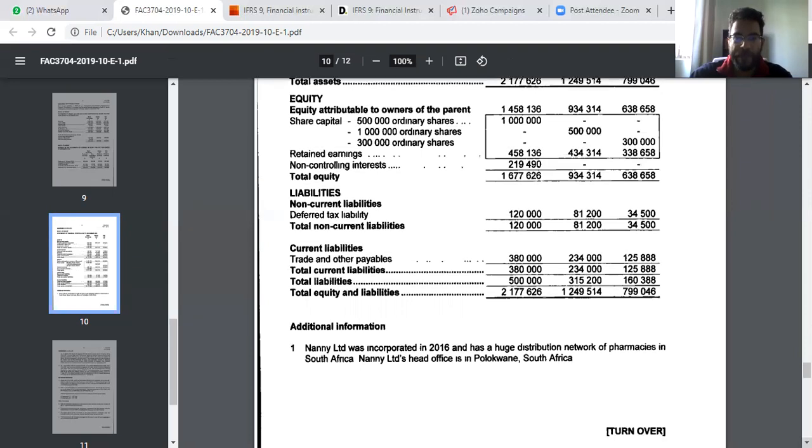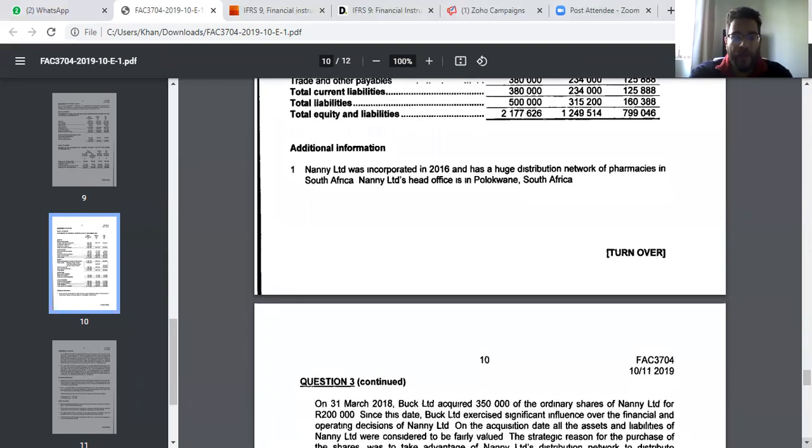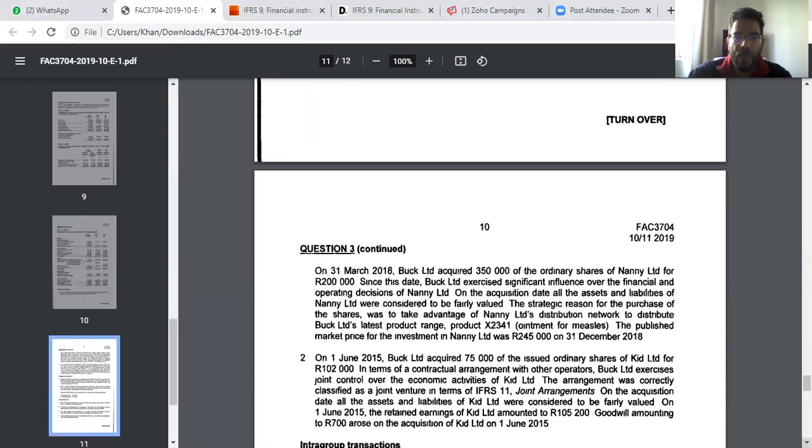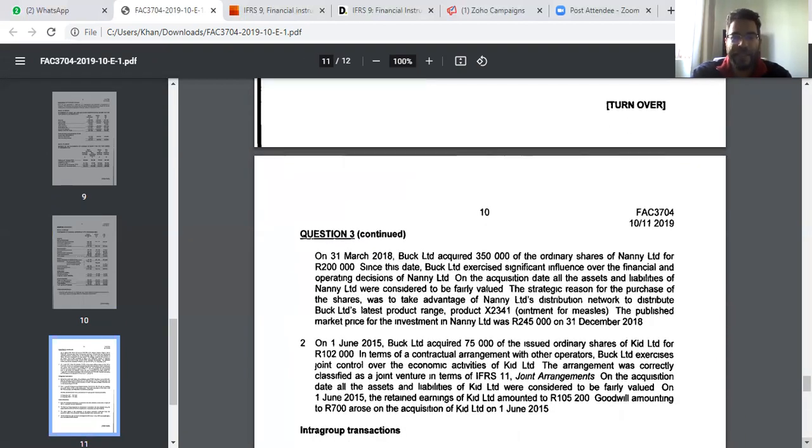So number one is Nanny Ltd was incorporated in 2016 and has a huge distribution network of pharmacies in South Africa. Nanny Ltd's head office is in Polokwane, South Africa. On 31 December 2018, Buck Ltd acquired 350,000 of the ordinary shares of Nanny Ltd for 200,000 Rand.